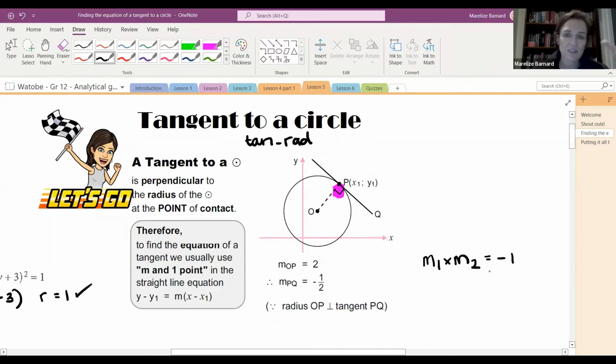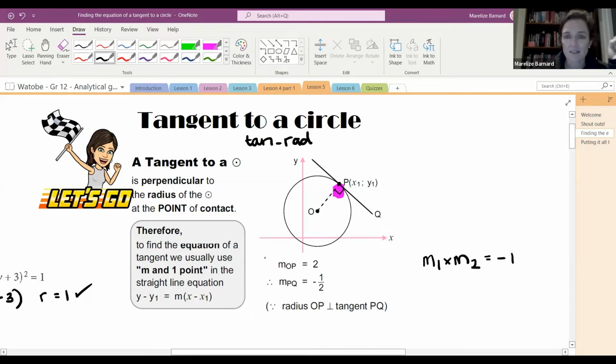There's two important things you have to hold here while you are doing this: the tangent is perpendicular to the radius, and the gradient of the radius times the gradient of the tangent must give you -1.